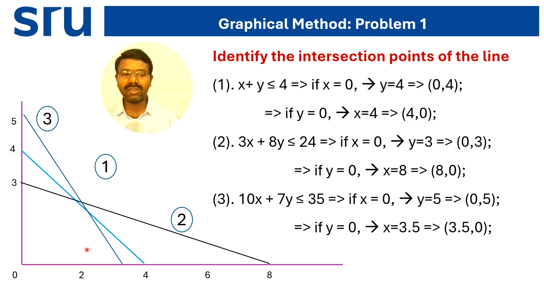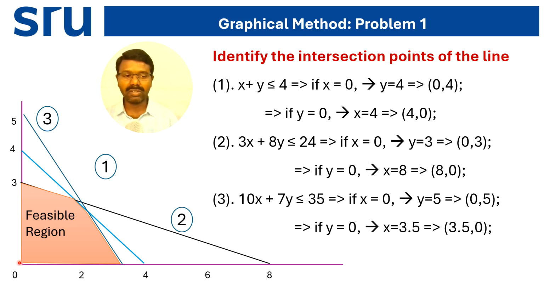That means it covers only the first quadrant, and the first, second, and third equations cover the area in this region. So the feasible region is in this area. If I draw the feasible region, this is the area it covers.